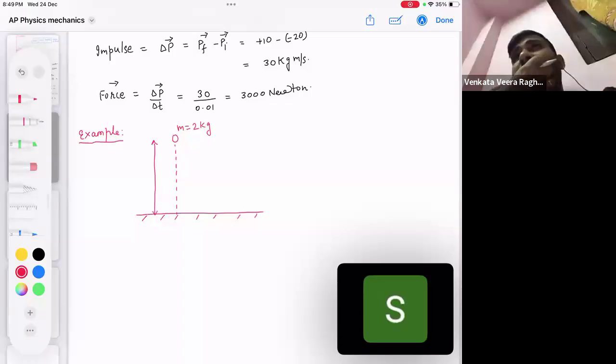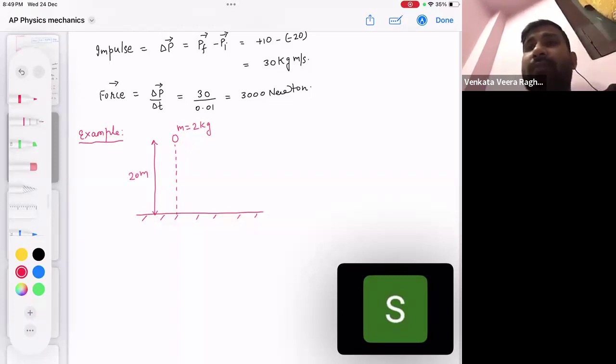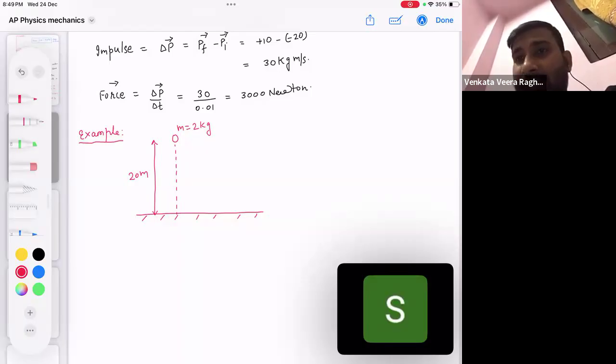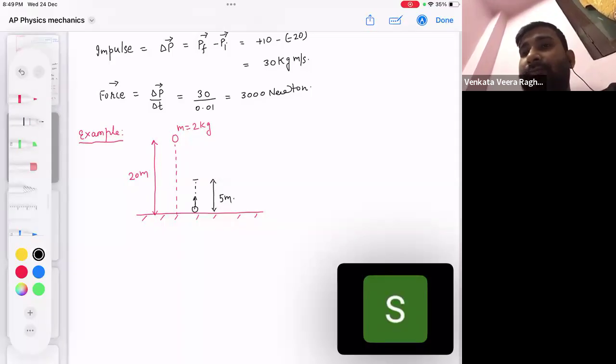What height? It is dropped from some height of 20 meter. Understood? And then it will bounce back. So after bouncing back, it only raised up to what height? It only reached up to 5 meter height.